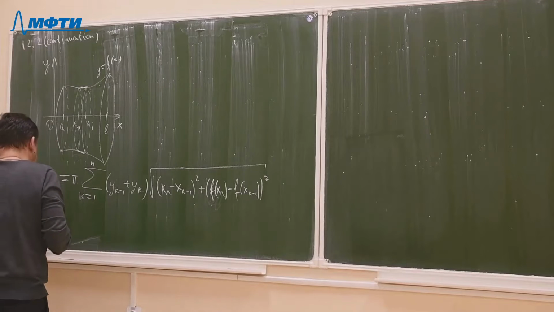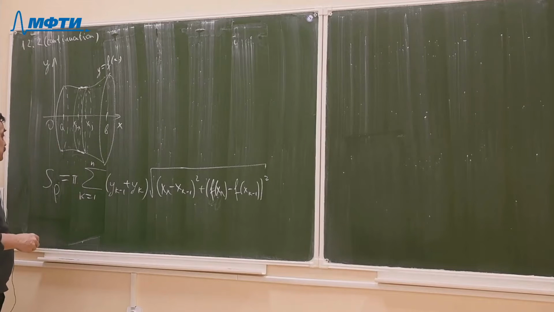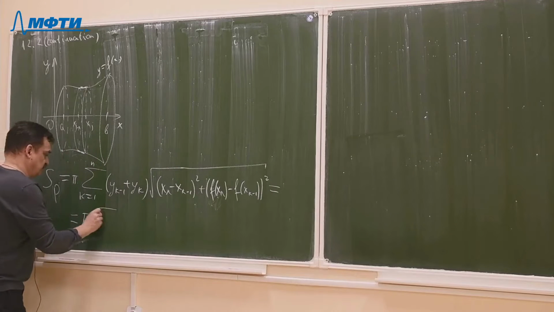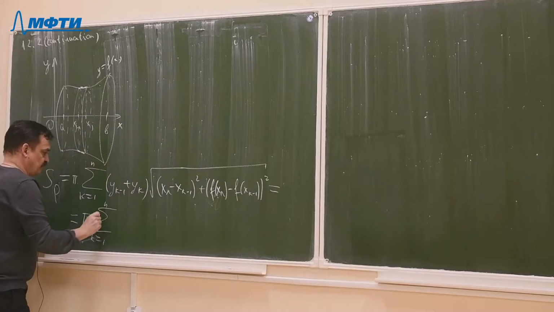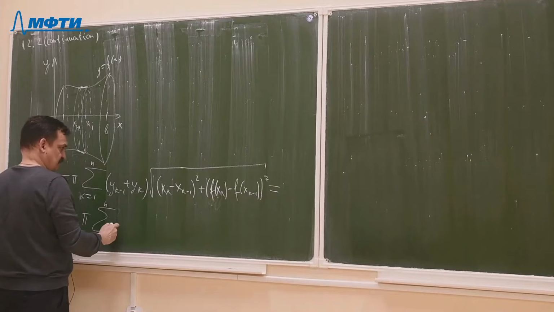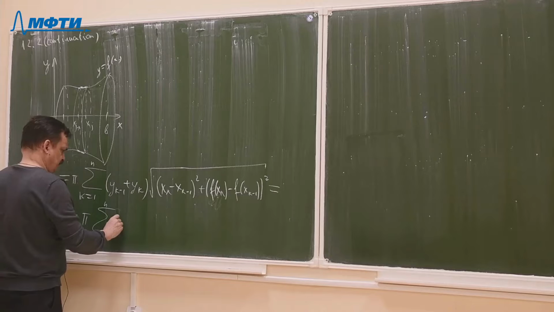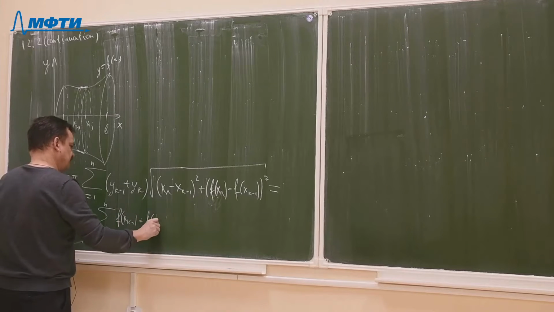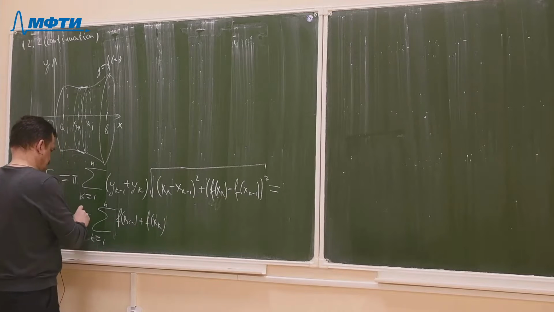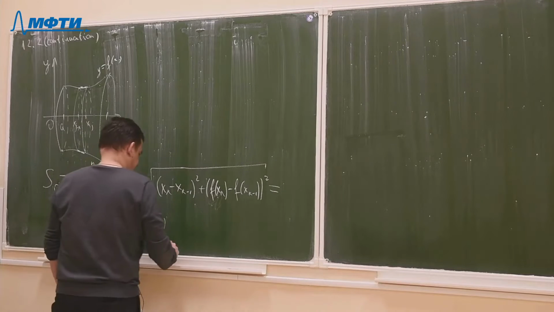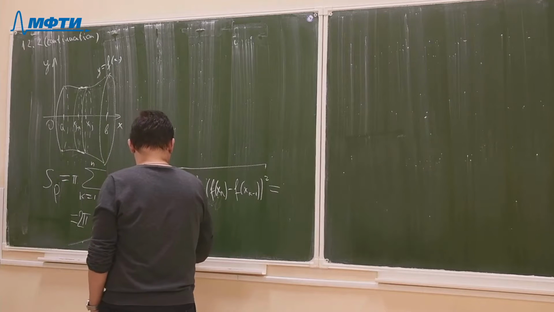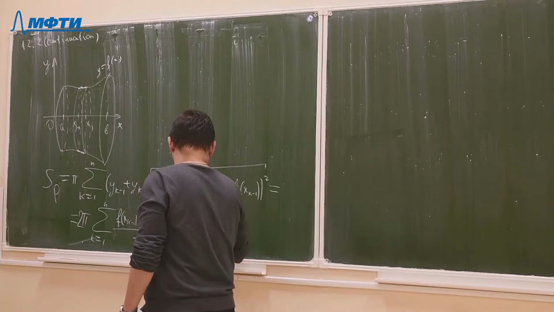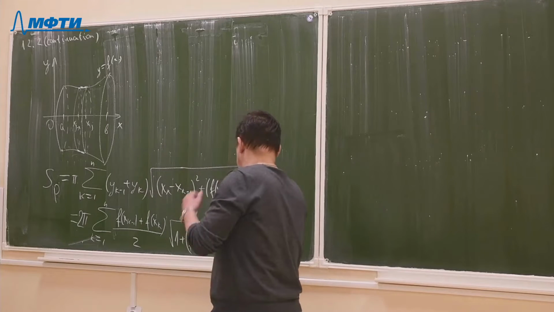And also yesterday we replaced it by f of xk minus 1 plus f of xk, then square root of 1 plus f prime at psi k squared delta xk.